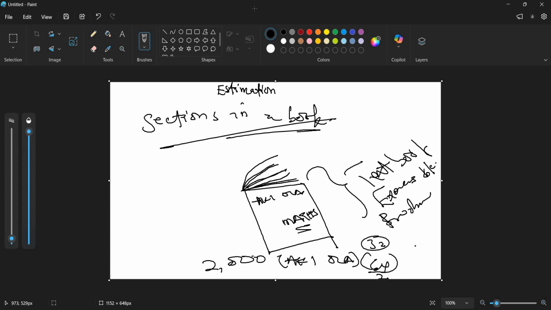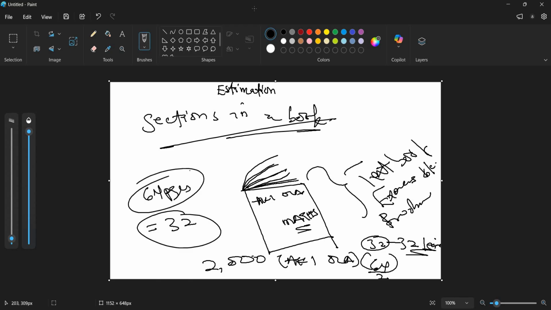So that means we have 32 leaves, right? Are we okay? Alright, so that means every Arceola book consists of 32 leaves, 64 pages, right?